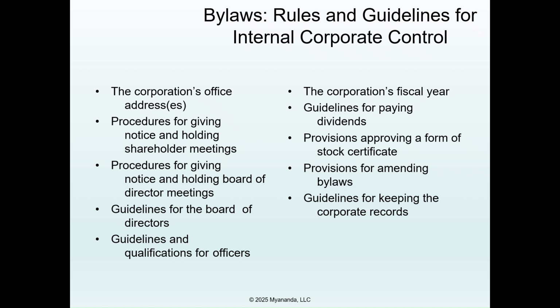What's included: typical stuff, the address of the principal office, the dates and requirements for the annual and special shareholders meetings, the number and term of the directors. A lot of the information and decisions made at the organizational meeting are also used to draft the bylaws.